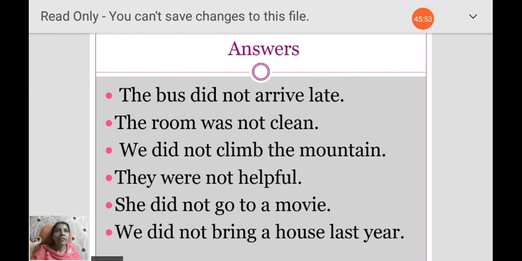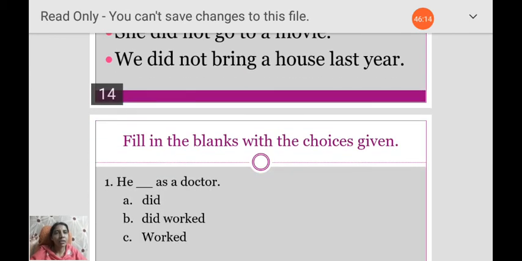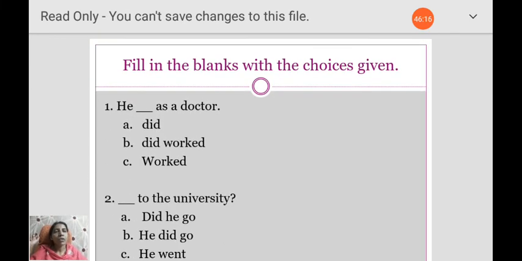We did not buy a house last year. For buy, it is bought, B-O-U-G-H-T, bought. So we did not buy a house last year. Some error has occurred due to a typographical error, we say. Okay, now let's move forward.